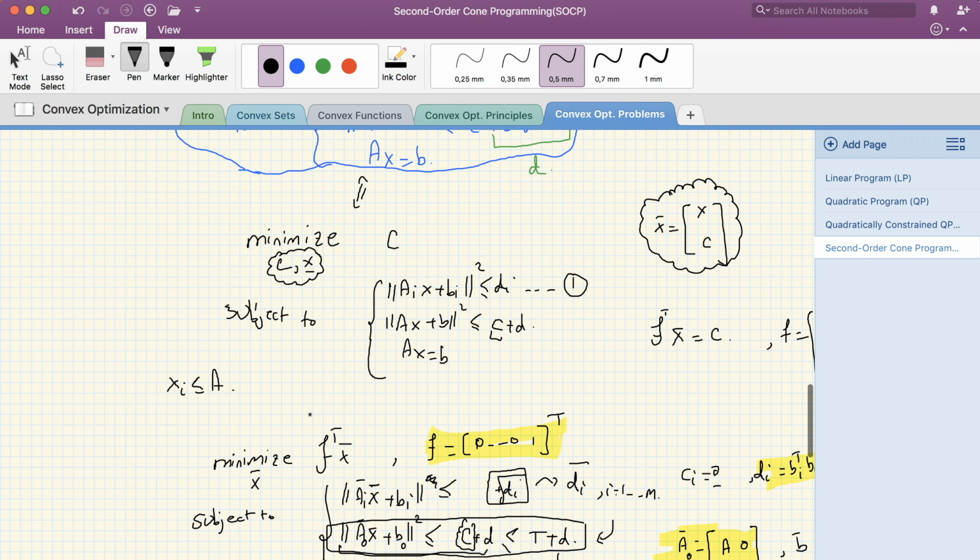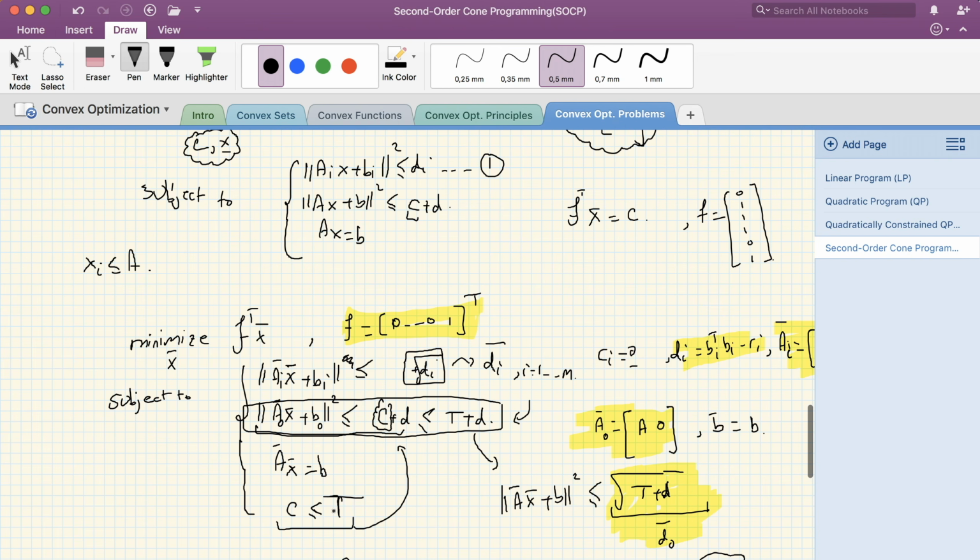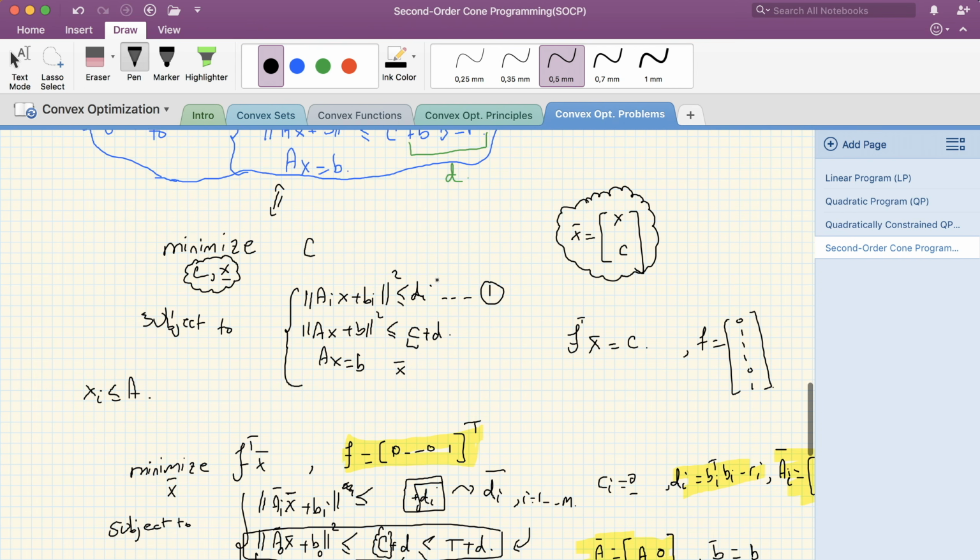That's it. By the way, over here we could have done the same thing. Instead of forcing c to be less than t, we could have said c is x bar. x bar is my variable now, where it contains c in its last entry.